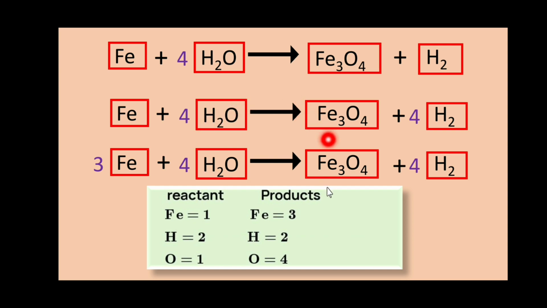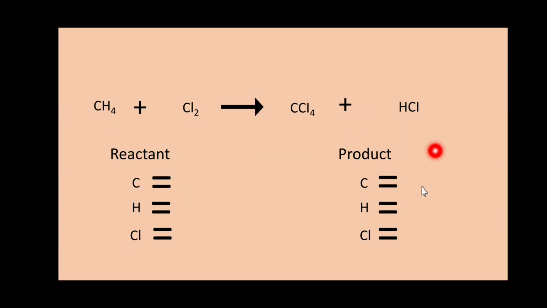Then the equation is said to be balanced. This is how we can balance the equation with the help of these consecutive steps. Dear student, let us balance another equation.